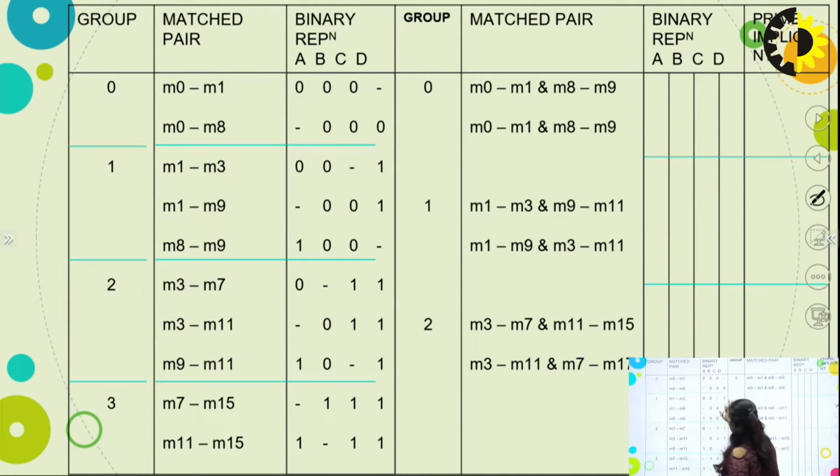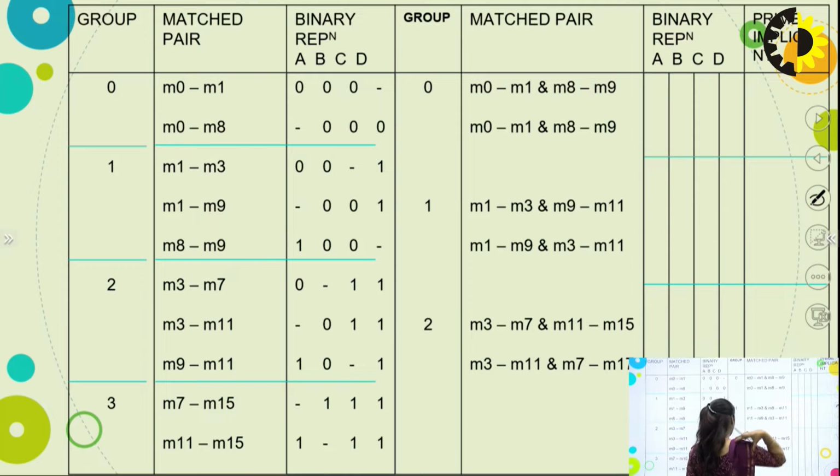So till now, we have covered this in the previous slide. In the next step, group 0 will be compared with group 1. So here M0, M1 will be compared with M8, M9.